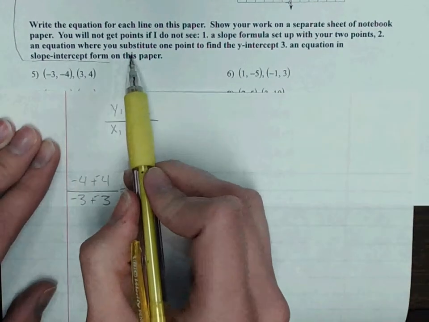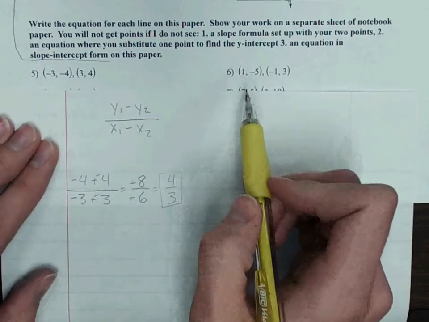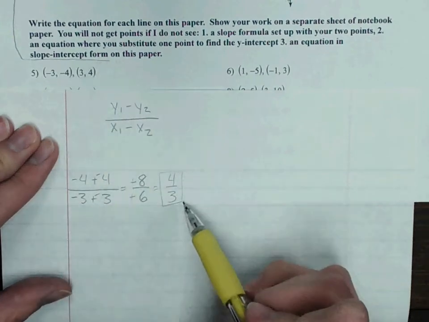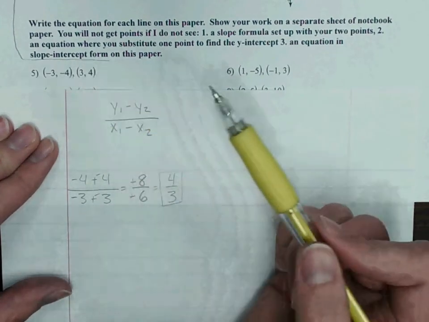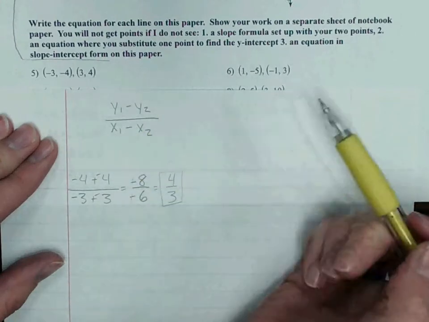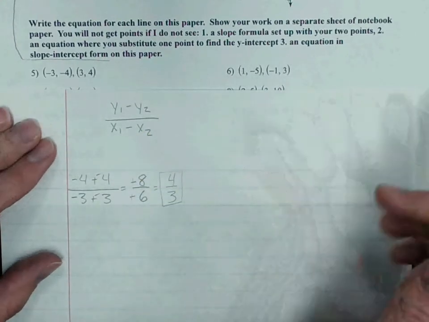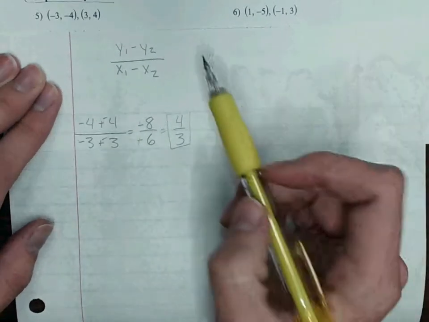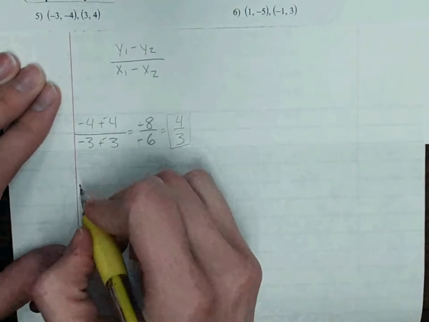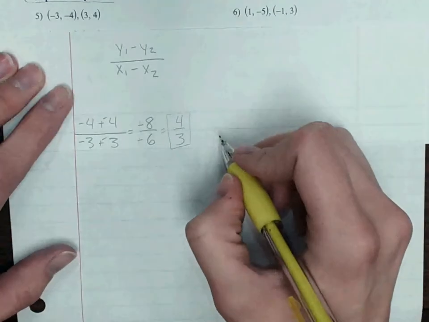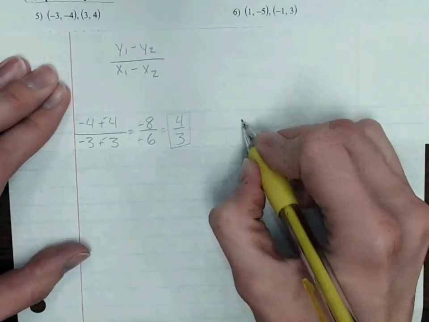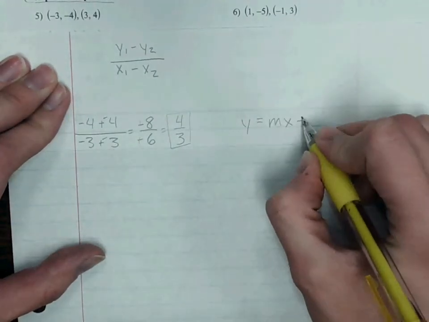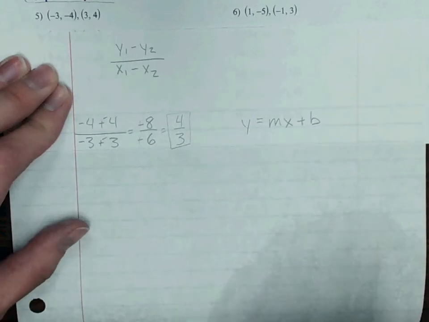Number 2, an equation where you substitute 1 point to find the y-intercept. To write an equation in slope-intercept form, we need the slope, already found it, and the y-intercept. I am not going to give it to you up here. We're going to be finding it on our own, and this is how we're going to do it. Make sure you can see your 2 points because we're going to be using one of those. In our equation, we have y equals mx plus b.